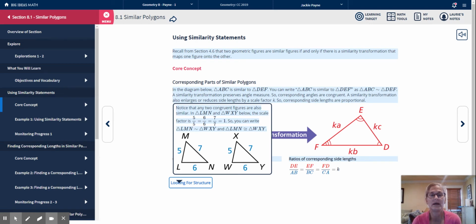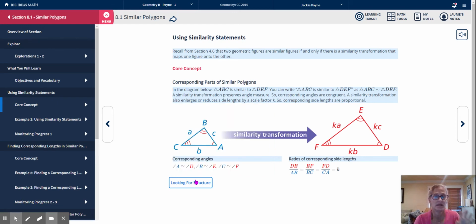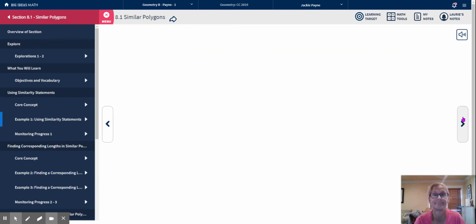So triangle LMN and triangle WXY below, if the scale factor is 5 over 5 equals 6 over 6 equals 7 over 7 equals 1, then you can write that triangle LMN is similar to triangle WXY. But you can also write, if the side lengths are the same, triangle LMN is congruent to triangle WXY. But that's only if you have both the angles exactly the same and the sides exactly the same.